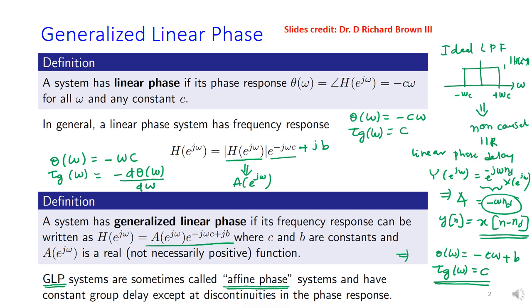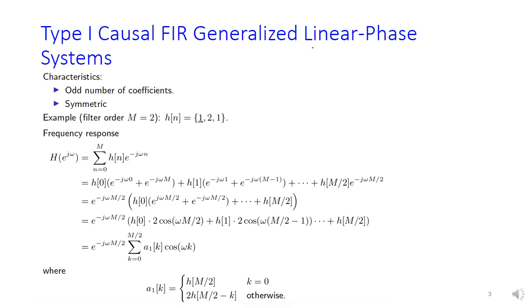Again, in these GLP systems, what will be of interest to us are four standard classes. Once you start studying filter design in more detail, that is where you come across these names: type 1, type 2, type 3, type 4 FIR systems.